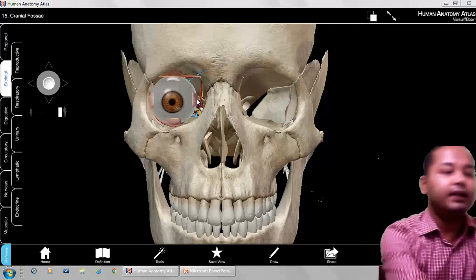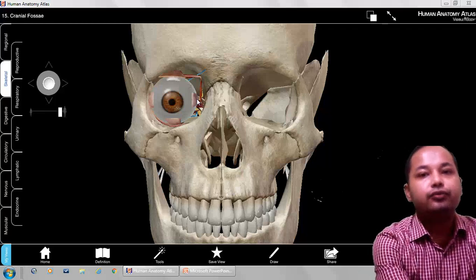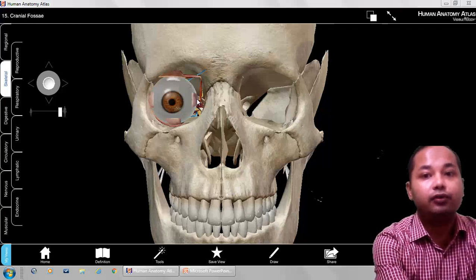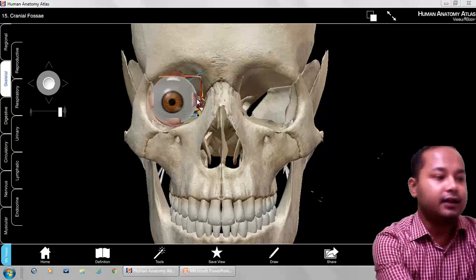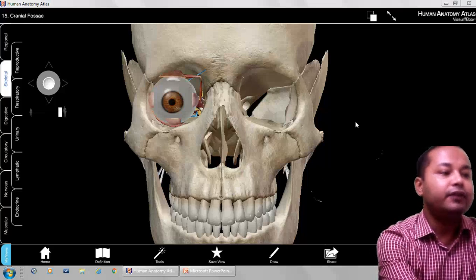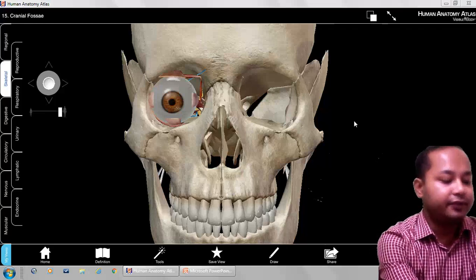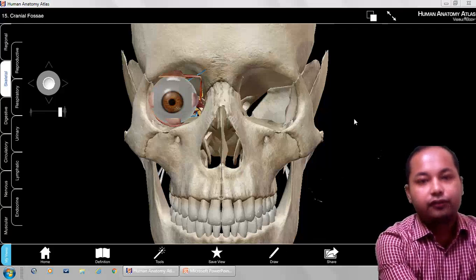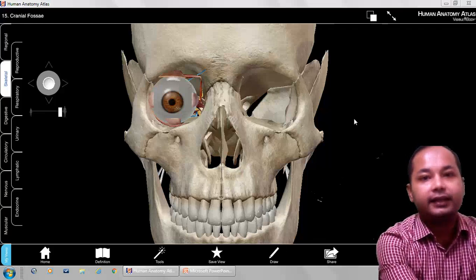I will show you with an imaginary line what the orbit looks like in this skull. While viewing through the geometry, we have to look at the orbit and its cavity from above. So let us look at the orbital cavity from above.